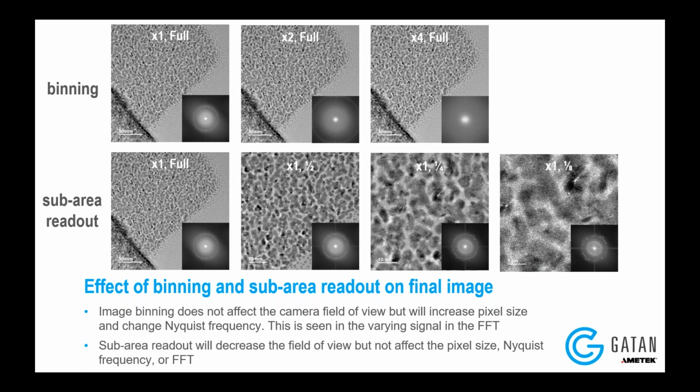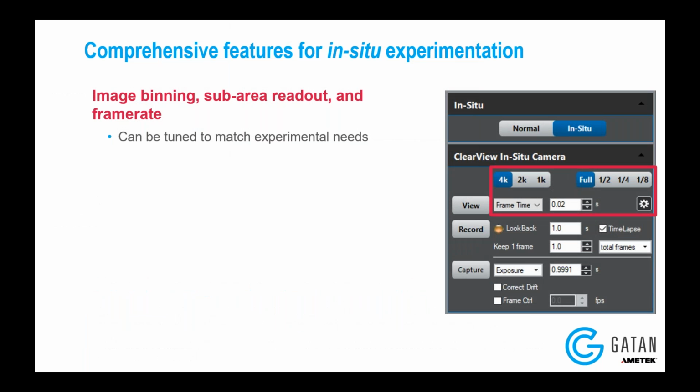So you have the most control over picking not only the frame rate and the data rate that you want for your in-situ data, but also to set up and experiment with magnification control and the field of view and the pixel size that you want, to optimize the temporal resolution and also your ability to have high spatial resolution in the data that you acquire. So that's a very quick overview of the binning and sub-area readout modes that we use for acquiring data.